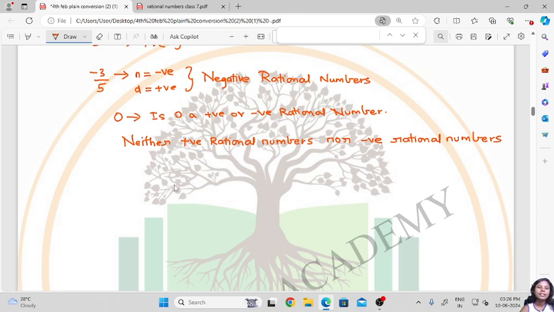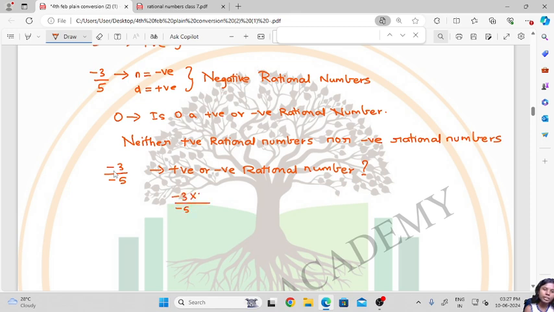Now let's take an example. We have, say, minus 3 by minus 5. Now, is this a positive or negative rational number? Here we have minus 3 upon minus 5.